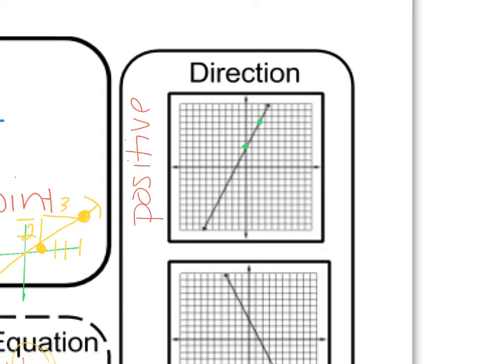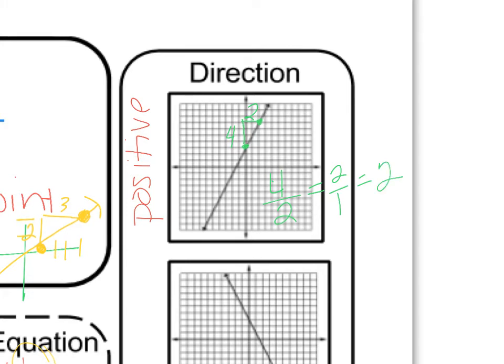So from the left point, I'm going to go up 1, 2, 3, 4, and I'm going to go to the right 1, 2. My slope on this line is 4 over 2, which simplifies to 2 over 1, which is actually just the slope of 2.